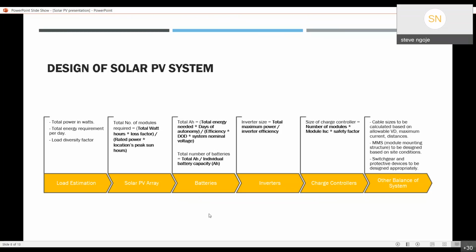So as much as 1 unit is used in the day, we must generate it during the strong sun hours, within those 4 hours. That's the reason why we need to divide by the peak sun hours.